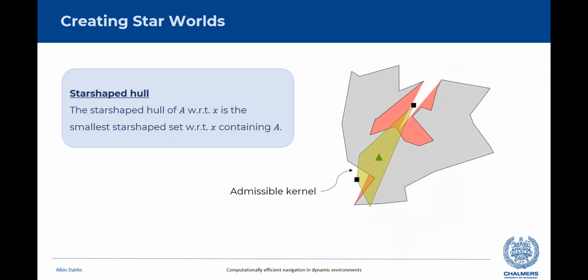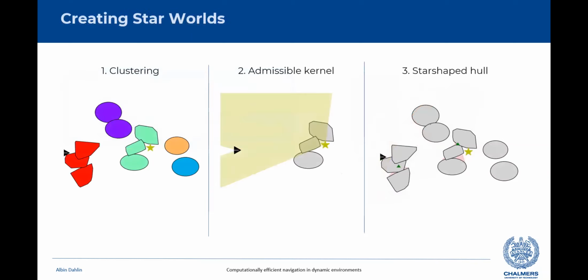So these are the key parts of the developed method to solve the problem of creating star worlds. In essence, the algorithm consists of 3 steps. First, we create clusters of all intersecting obstacles.